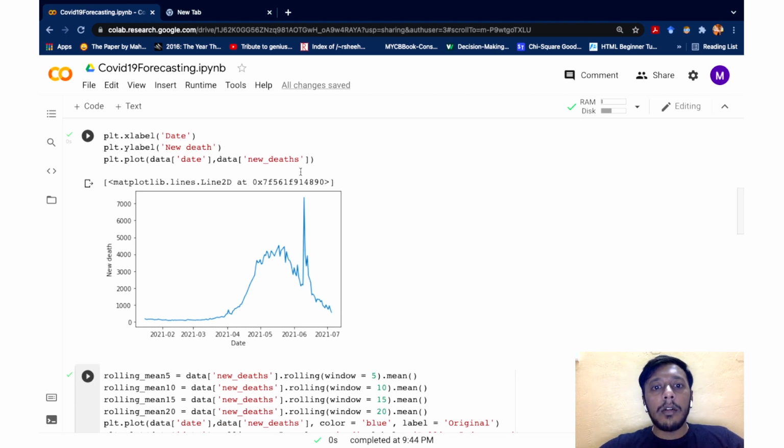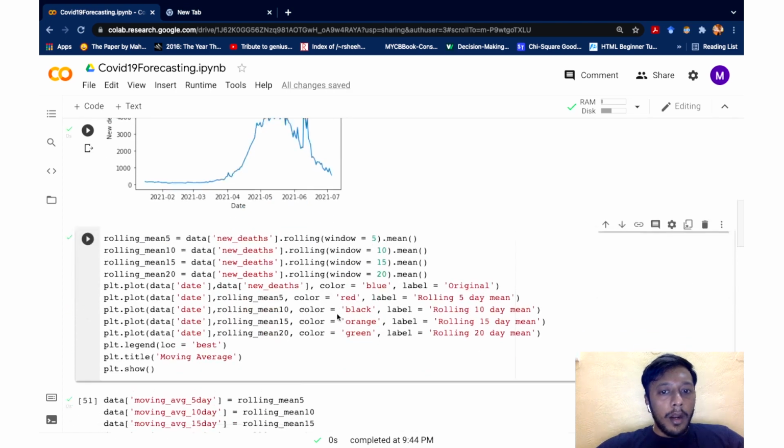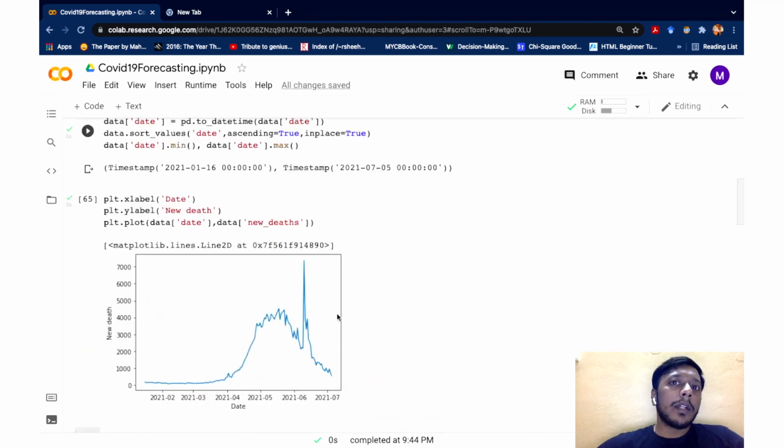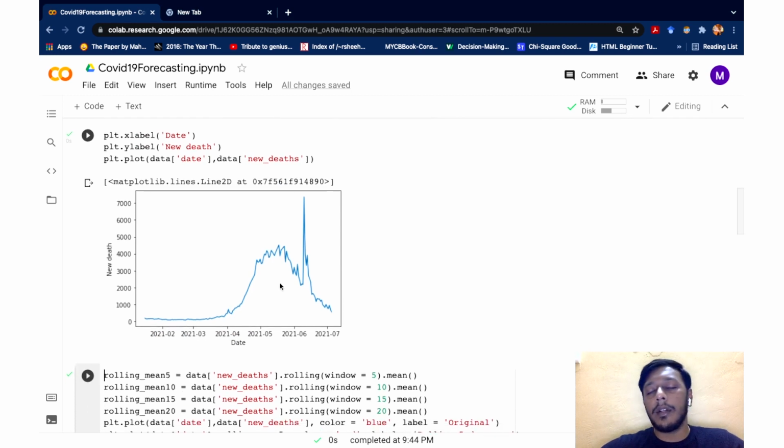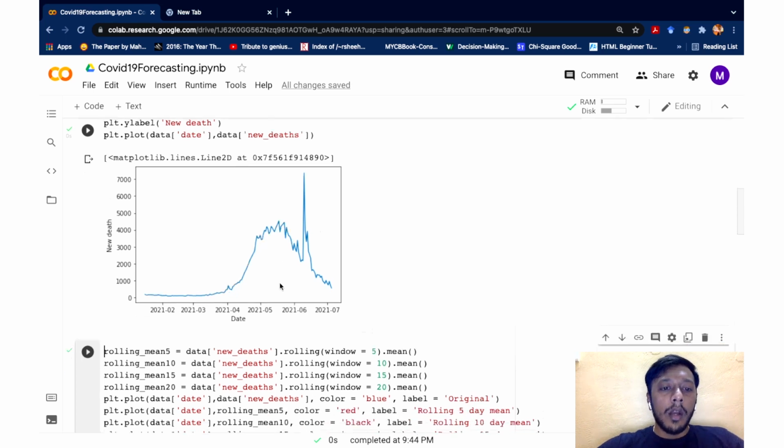In June, it had the highest surge or peak, and then it slowly got controlled and started falling around July. This is the time series data we have. Now we are going to use the historical data, like the past week of new deaths, and see how many new deaths on a daily basis we could expect in the next weeks.